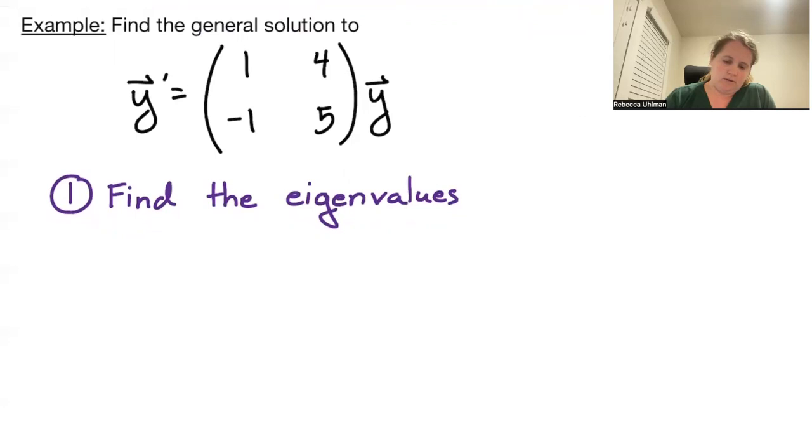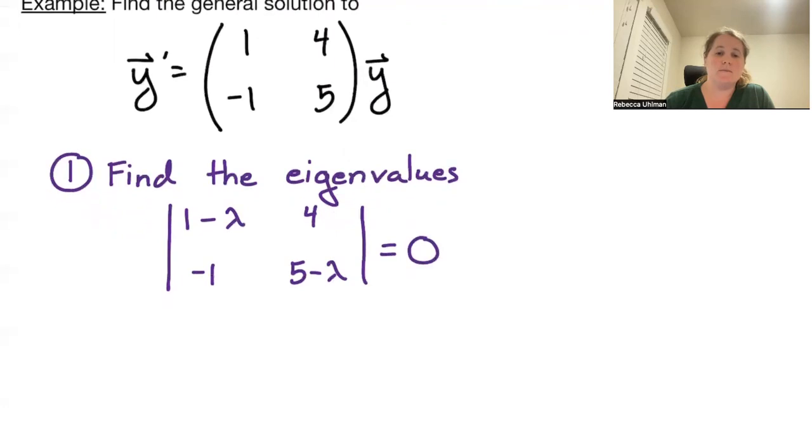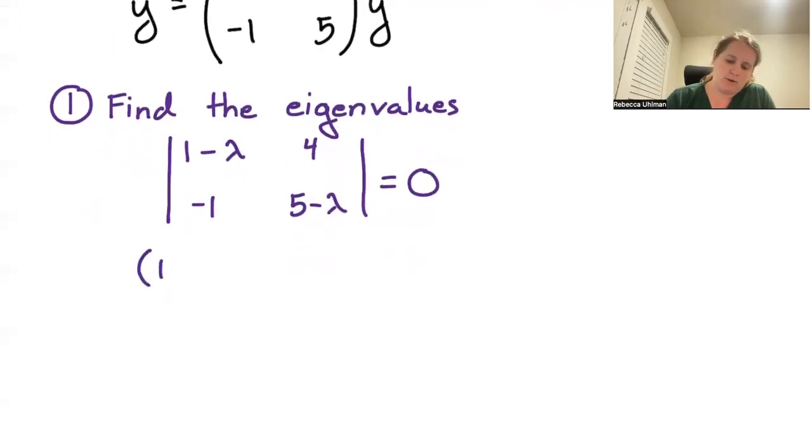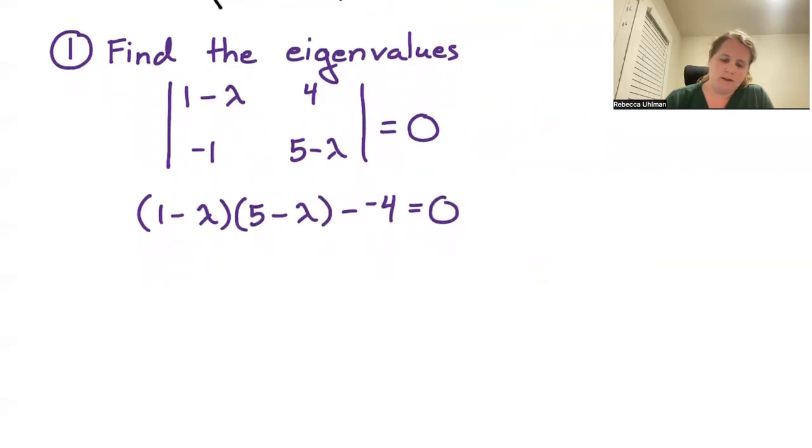So we have a determinant of 1 minus lambda, 4, negative 1, 5 minus lambda, setting this equal to 0. We're looking at 1 minus lambda times 5 minus lambda minus negative 4 is equal to 0. This is lambda squared.